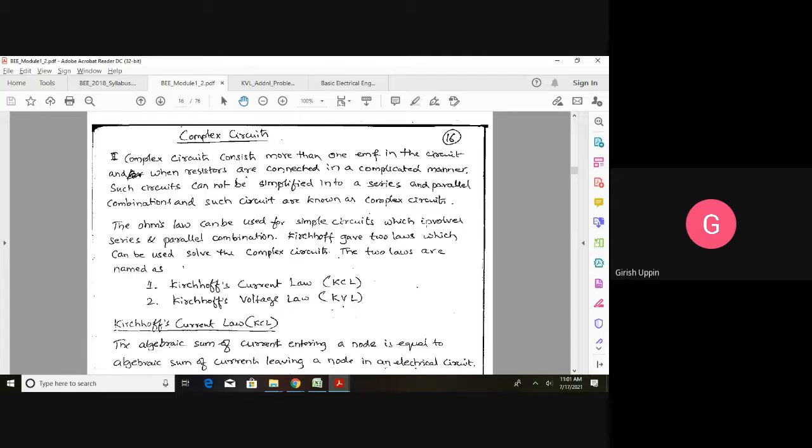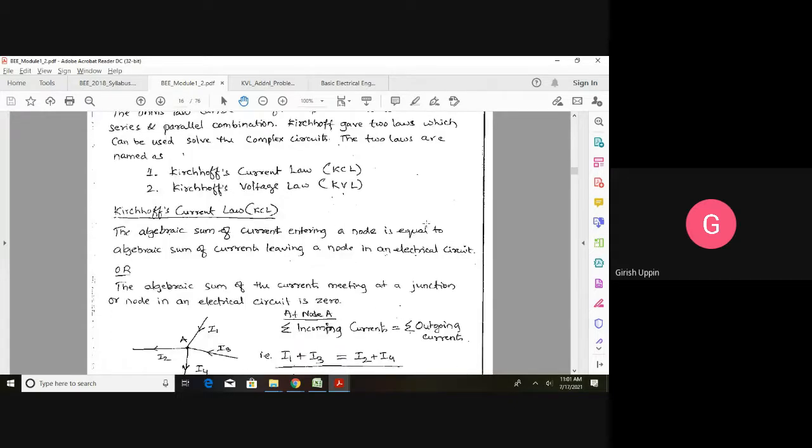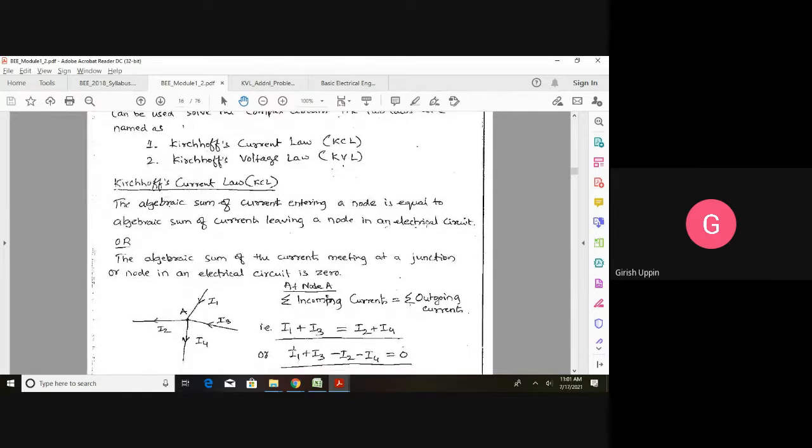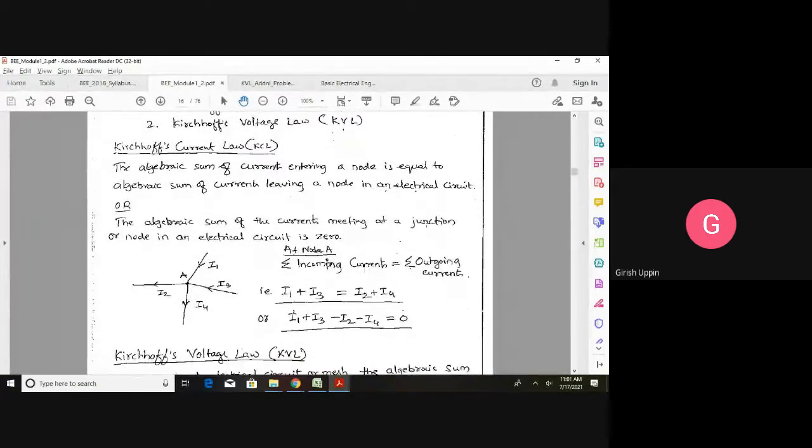To solve the complex circuits, we have to apply the laws given by Kirchhoff. So there are two Kirchhoff's laws: Kirchhoff's current law and voltage law. In case of Kirchhoff's current law, if you consider any electrical node, the sum of the incoming currents is equal to the sum of the outgoing currents.